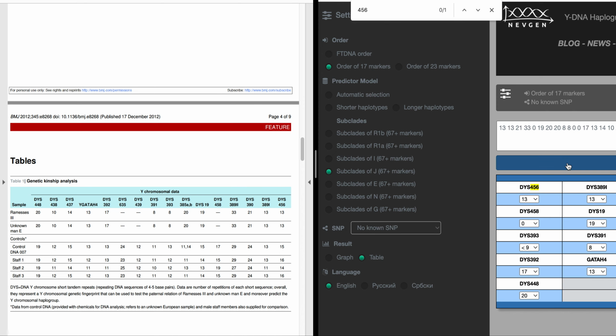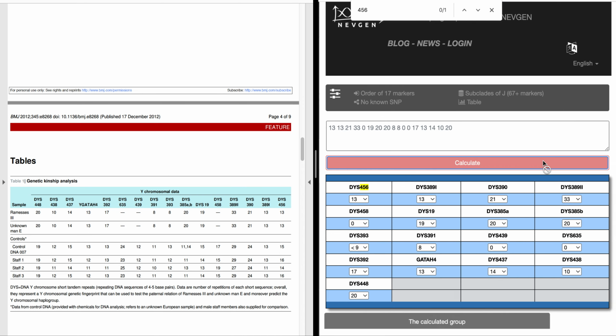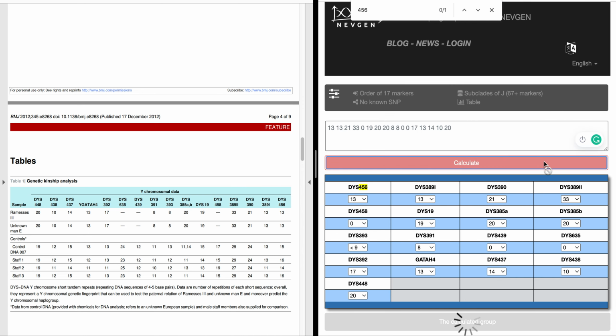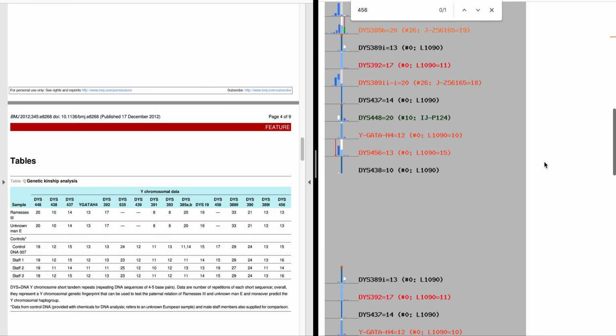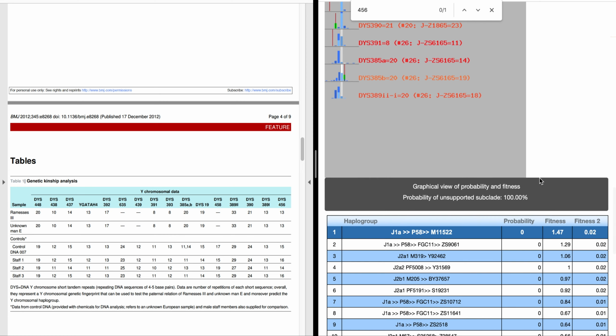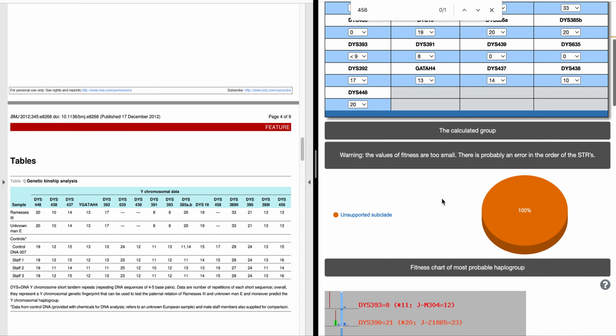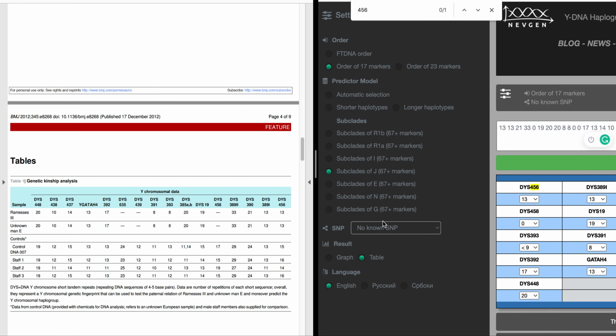Go to J. Alright. So we see probability 0, but interestingly, the Semitic marker J1 page 58 comes up. Alright, let's click that one to see if anything happens.